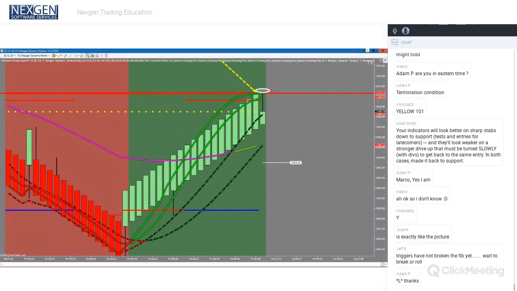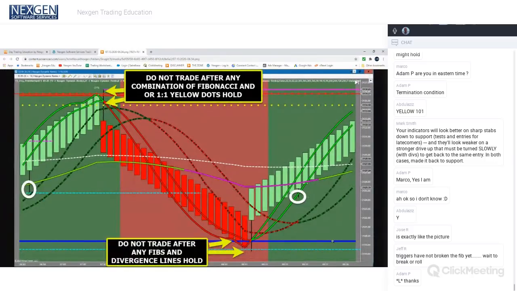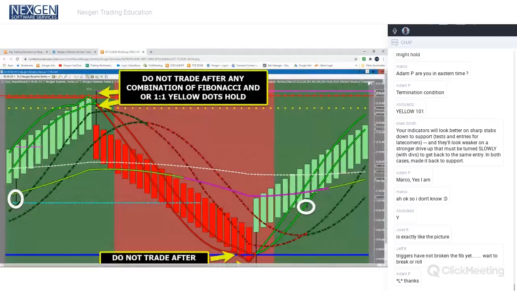I know it seems like there's a strong trigger line, but that's why we have it as one of our absolute termination conditions. The triggers were strong going into this one too, and look where they ended up. See it? We ended up going down 25, 20, 30 points. So we have to start to anticipate the same thing unless the market proves us otherwise.